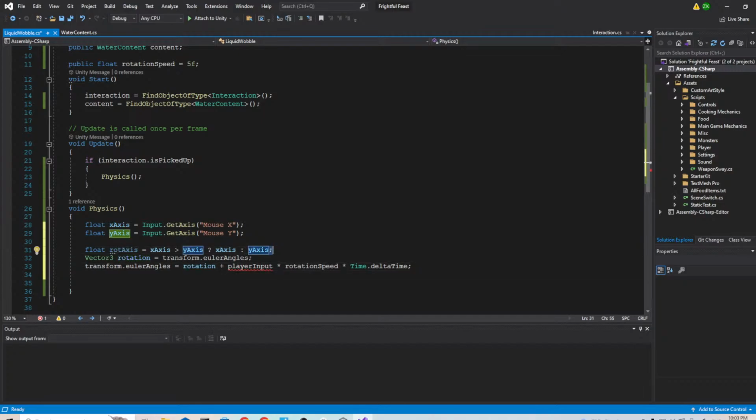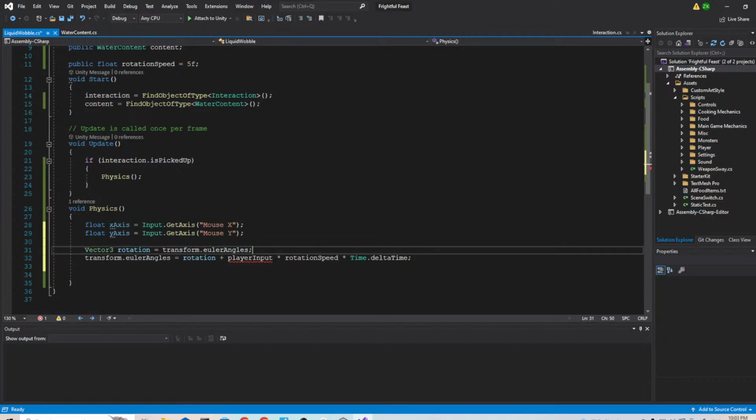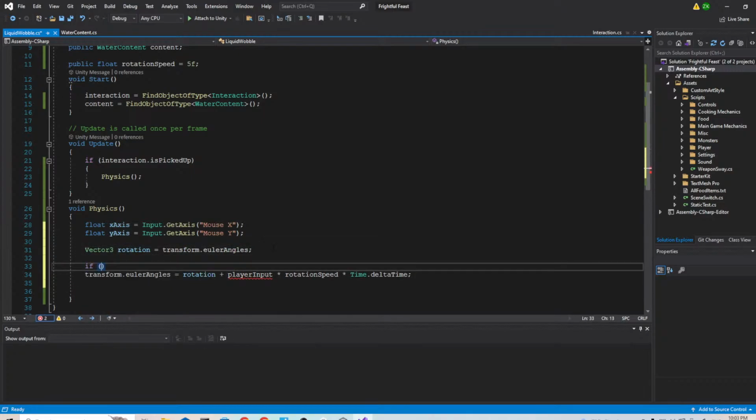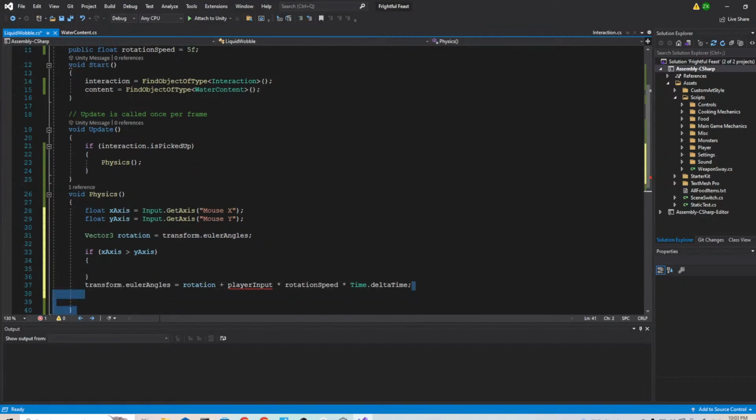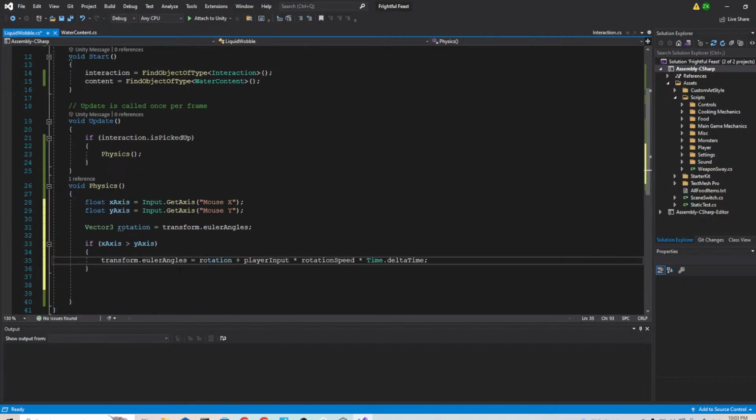Yeah, it might just have to be... Okay, it's a bit rough. If x-axis greater than y-axis, then transform euler angles is equal to x-axis dot x plus... Oh my god, I'm struggling here.